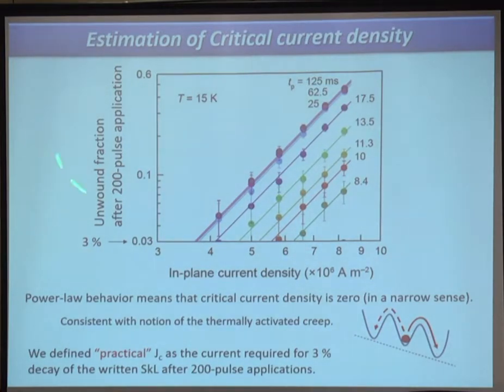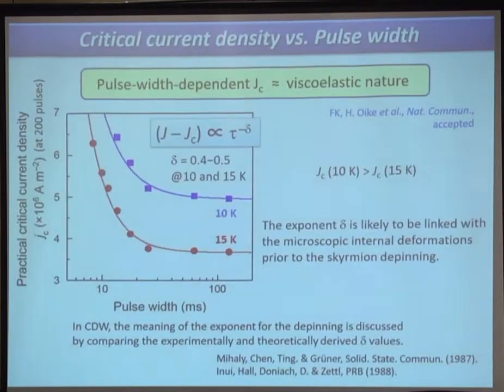So in this case, we define the graphical critical current density as the current required... Then in this way we could extract the pulse dependence of the critical current density at 10K and 15K. As you see, the critical current density is pulse dependent, which is a hallmark of this viscoelasticity.